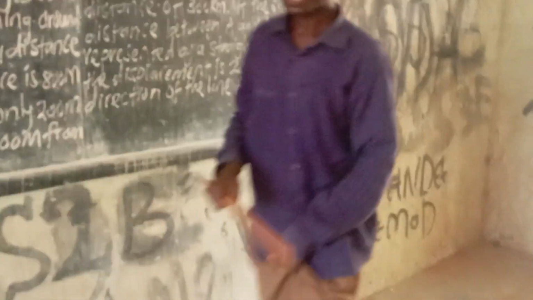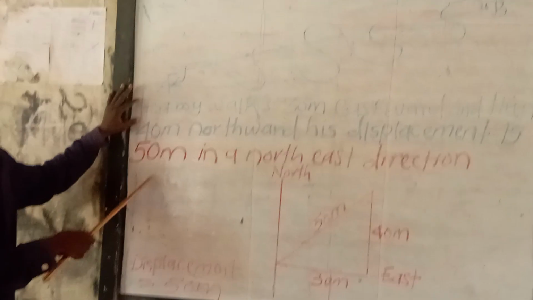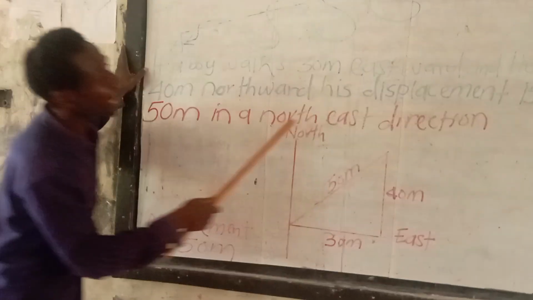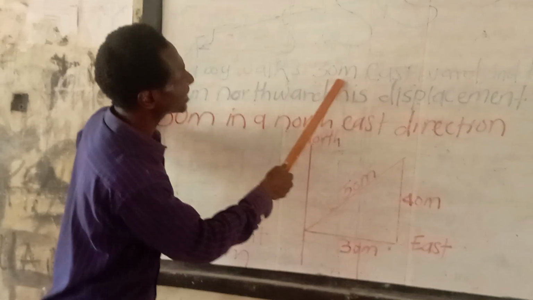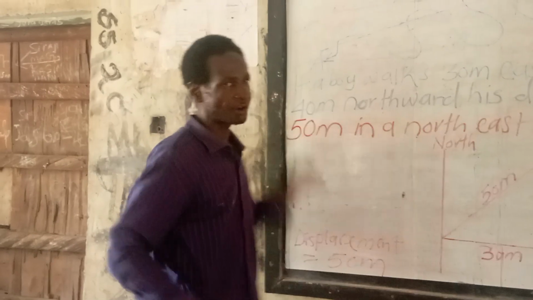The third example: if a boy walks 30 meters eastwards and then 40 meters northward, his displacement is 50 meters in the northeast direction.